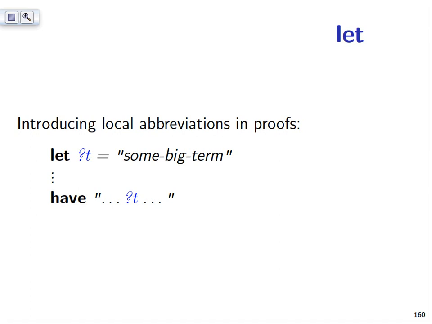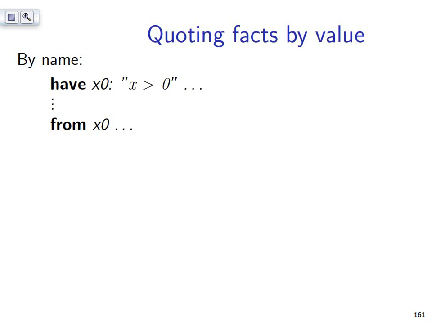So this is something, for example, if you want to produce a witness for something, often the witness is some complicated, interesting term, and then it's nice to bring that out, and then you can just say later have some proposition of witness rather than having to expand that term in place.